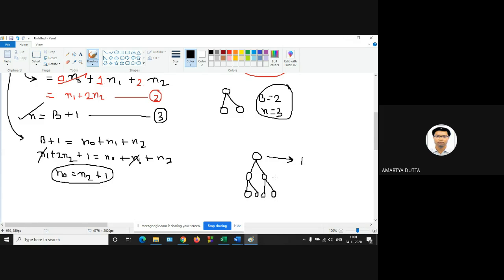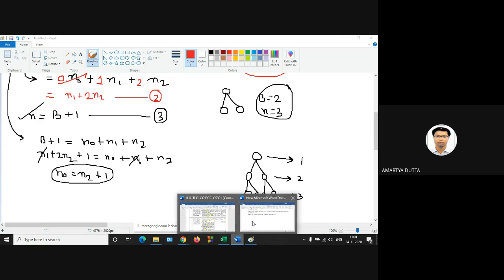So this is level 1, this is your level 2, and this is your level 3. Okay, so at the first level, how many nodes are there? One.